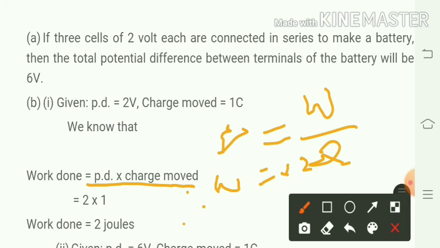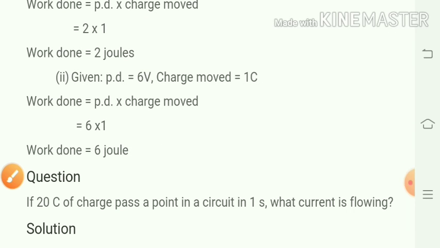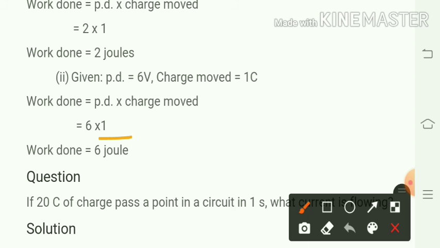Here V into Q. Thus, from this equation, we can get the value of work done as 2 joule, and total work done through all the cells will be, total voltage is 6 volt, charge moved is 1 coulomb, therefore total work done is equal to 6 into 1, it becomes equal to 6 joule.